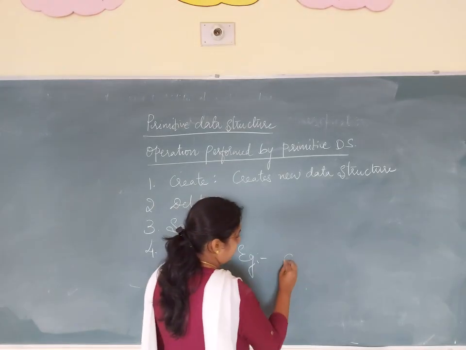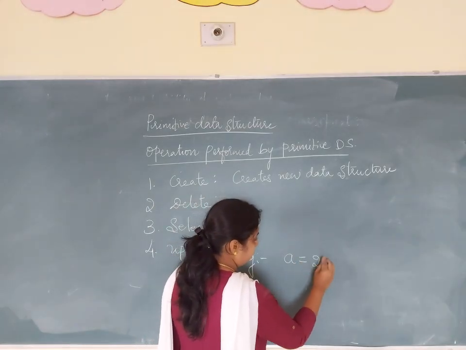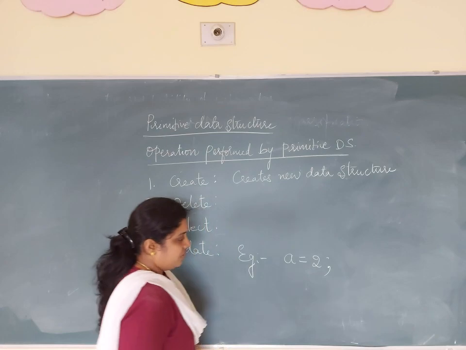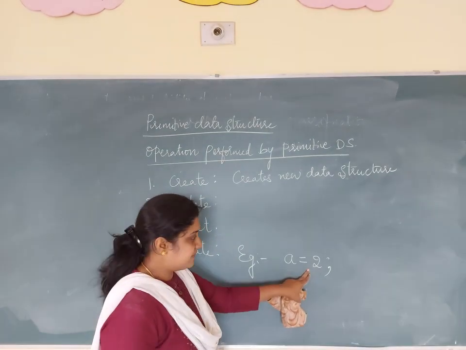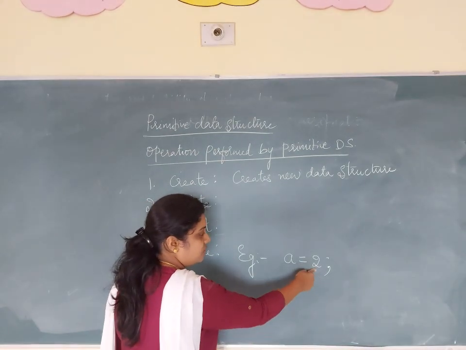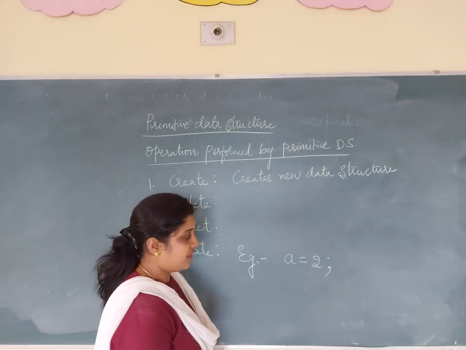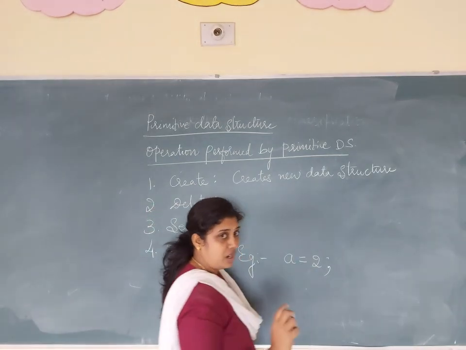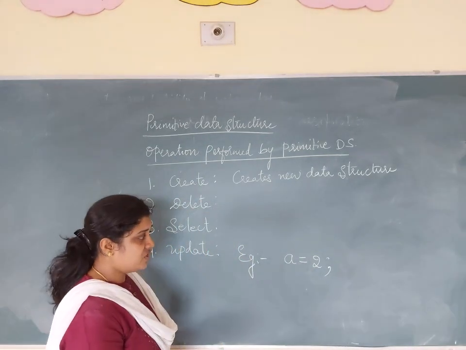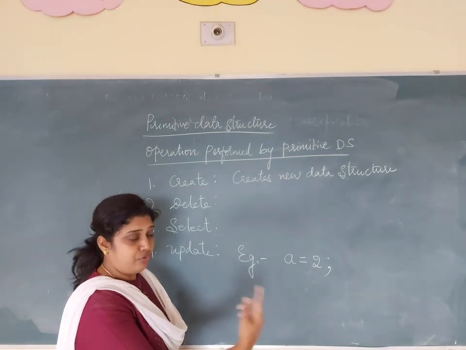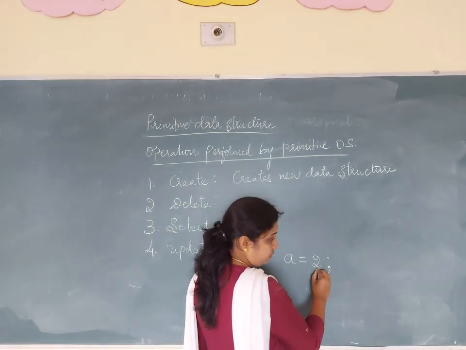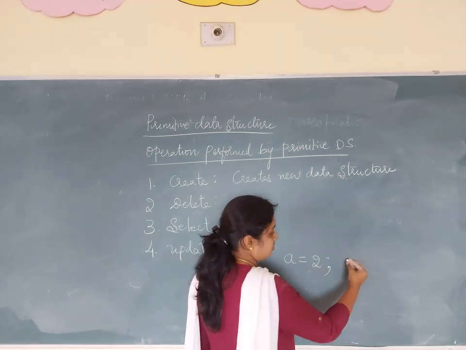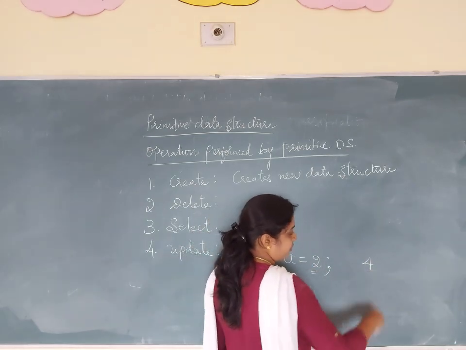Suppose I am going to take an example, a = 2. What is my value? a = 2. I am assigning the value 2. Now I want to change the value 2 to 4.